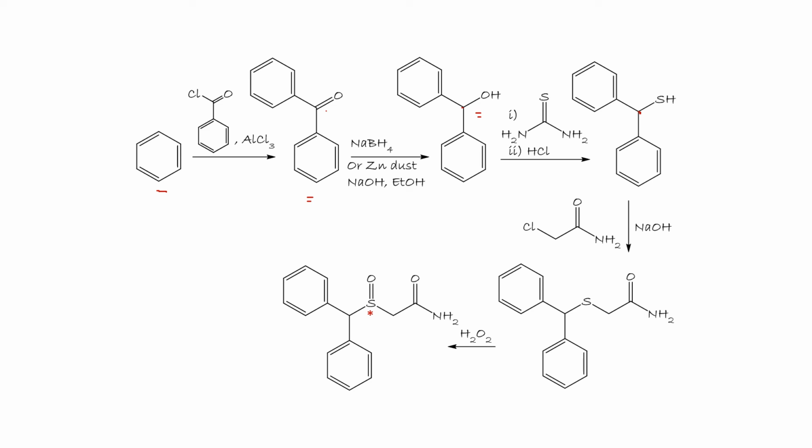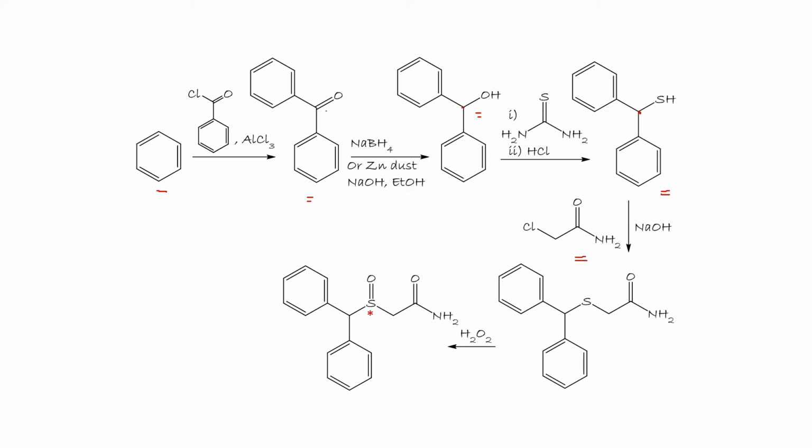According to lecture 47, we can take the OH, transfer it to Br using HBr, then treat the bromo compound with thiourea. We get this thiol.